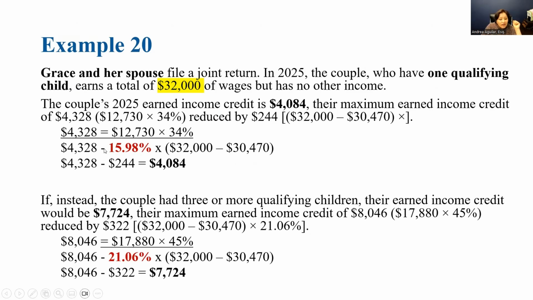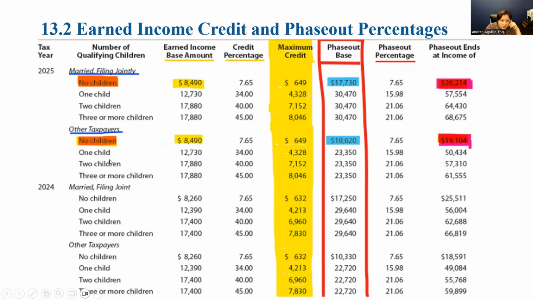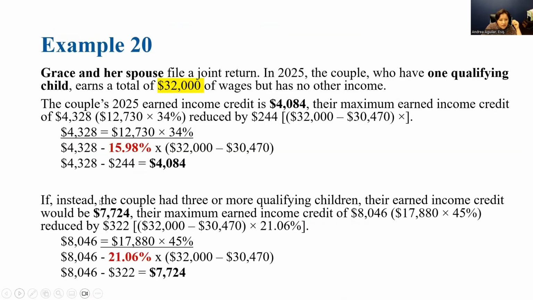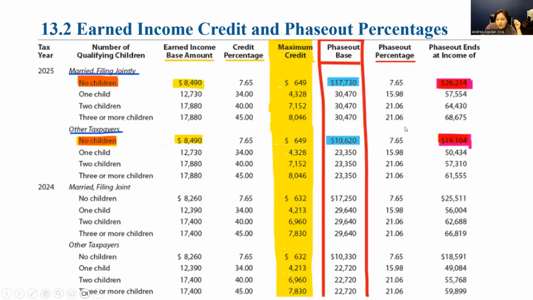We are going to reduce this by the applicable percentage for a couple with one qualifying child, which is 15.98%. Great. We have that times the excess over the phase out base. What is my phase out base? The phase out base for a couple with one child is $30,470.